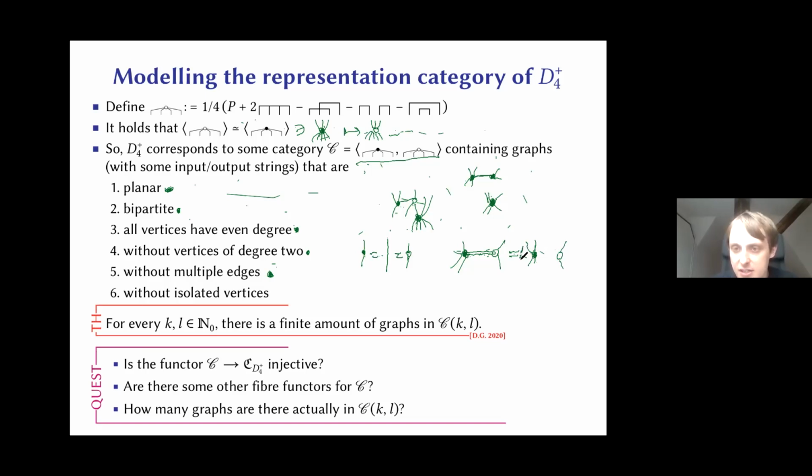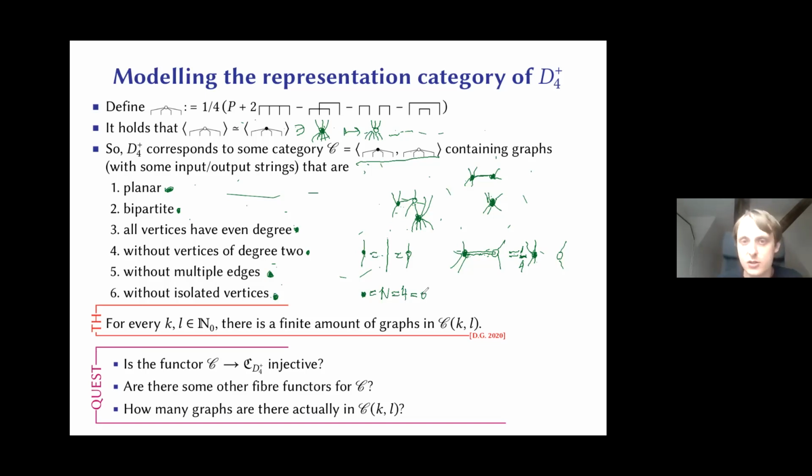The only thing is that you should put a factor 1/4 here, but that's not so important. So you can forget about this factor if you are only interested in the combinatorics. So we don't have to consider multiple edges. And there are also no isolated vertices. This is the thing that I was talking about, that if I have an isolated vertex, then this equals n, and here we have n equals 4. And that's the same for the white point.